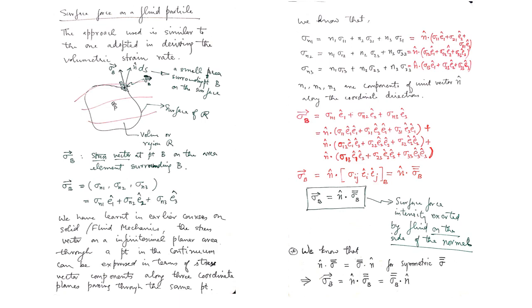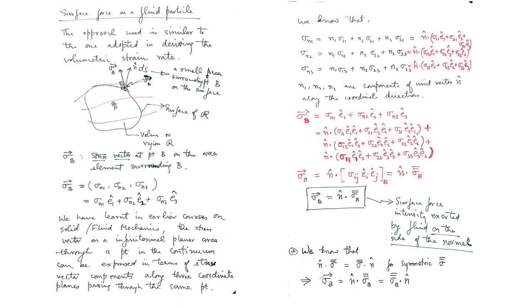I have done nothing but I have introduced the dot product. So the same expression can also be written by taking, for example, the first sigma n1. I can also write it as n cap dot product with the stress vector sigma 11 e1 plus sigma 21 e2 plus sigma 31 e cap 3.